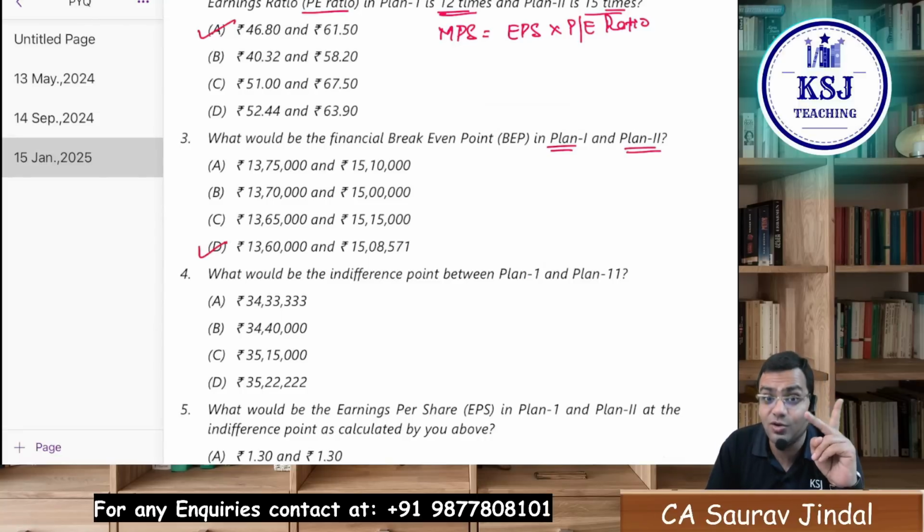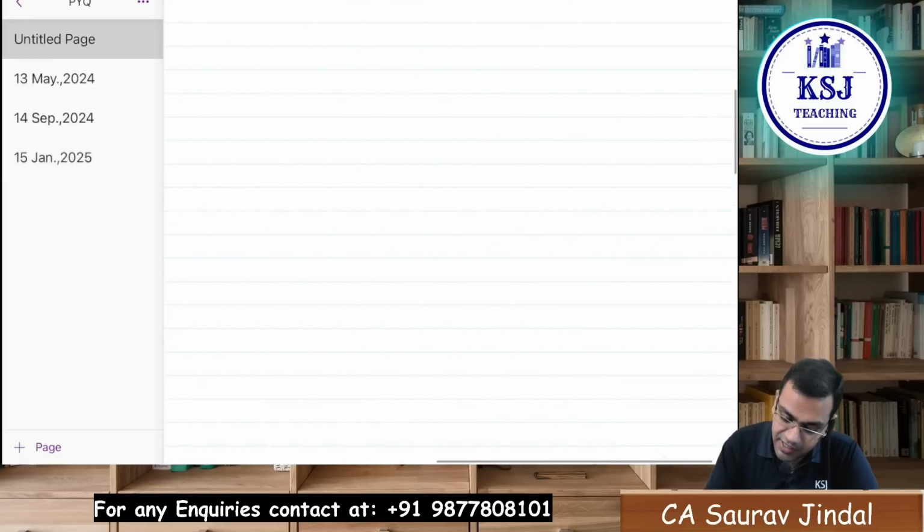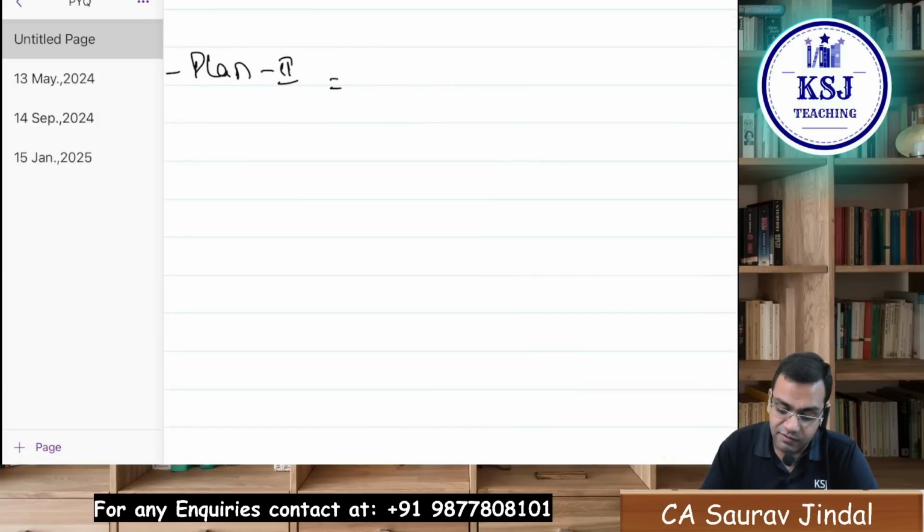But in case you have two options, how will you calculate the financial break-even point for Plan 2? That is going to be interesting, sir. For Plan 2, it will have two components.